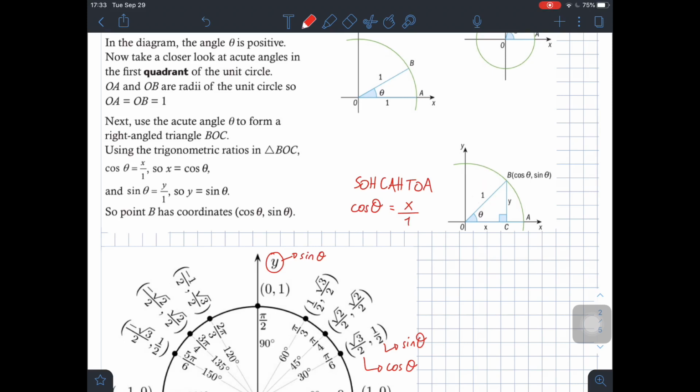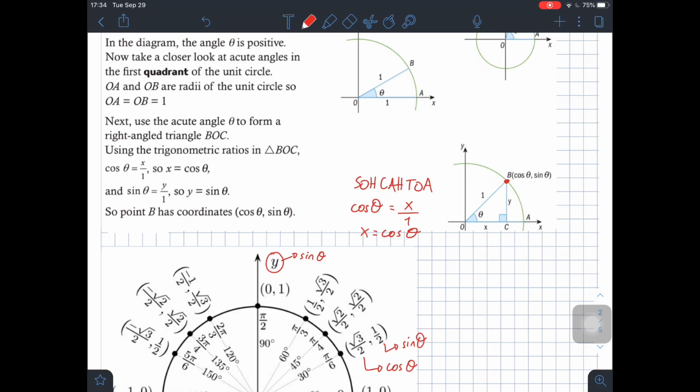So cosine of theta is equal to x over 1, which means x is equal to cosine of theta. If we do the same thing for sine, sine is opposite over hypotenuse, so it's equal to y over 1, which is equal to y. So we can say that y is equal to sine of theta.